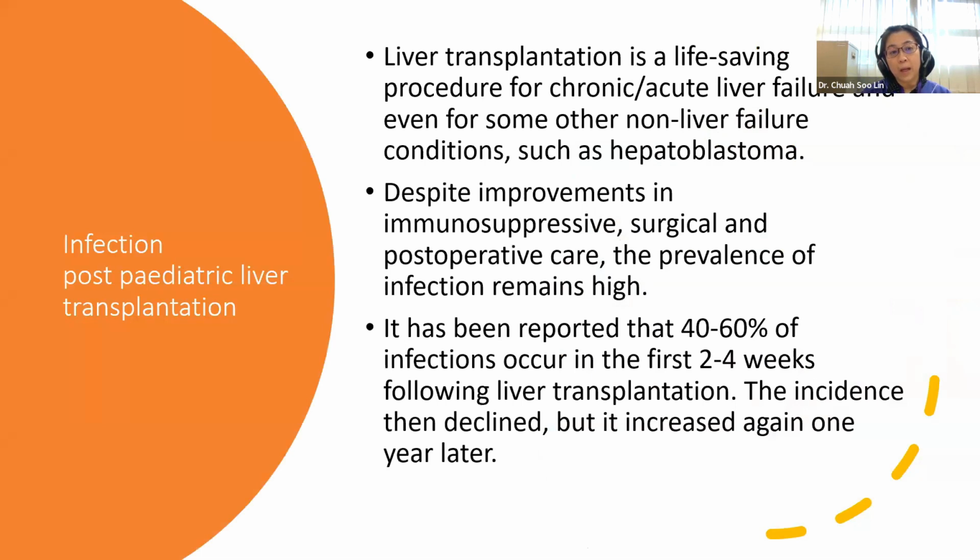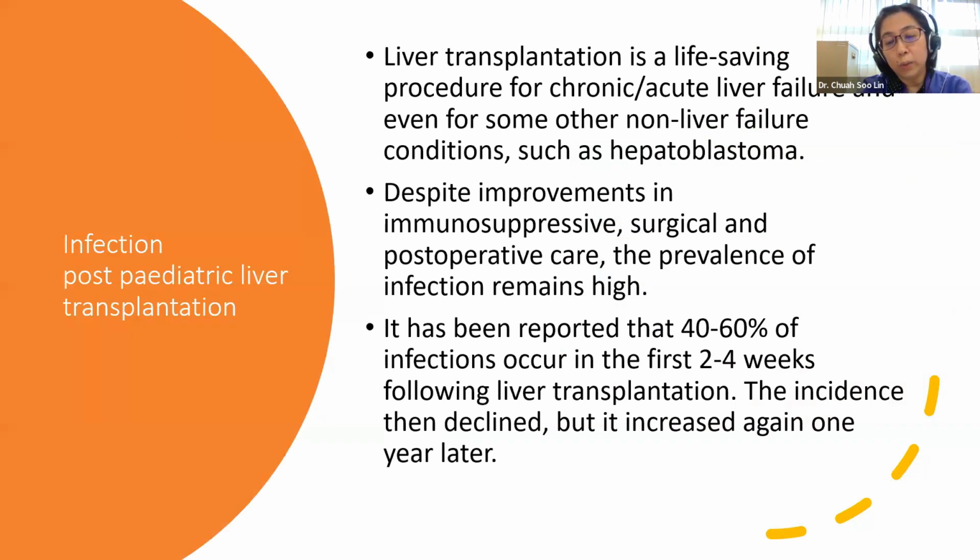Infections after pediatric liver transplantations have been an issue. It has been reported that the incidence of infections is between 40 to 60% in the first 2 weeks, then it declines, and is expected to increase again 1 year later.